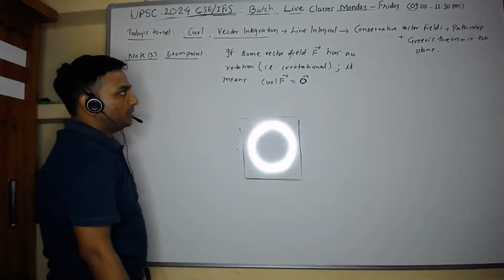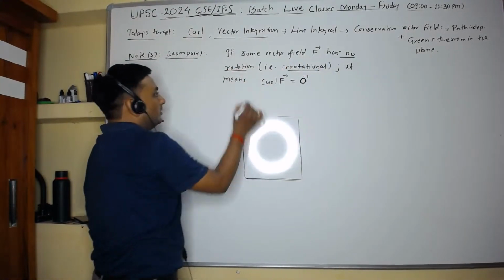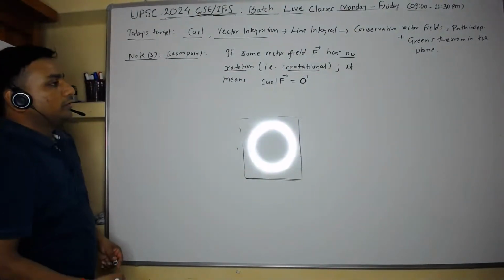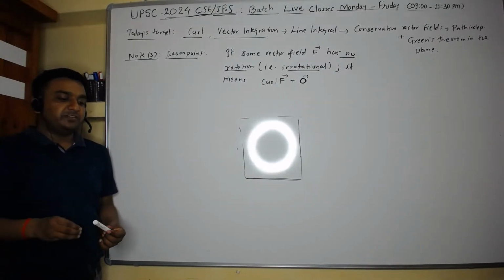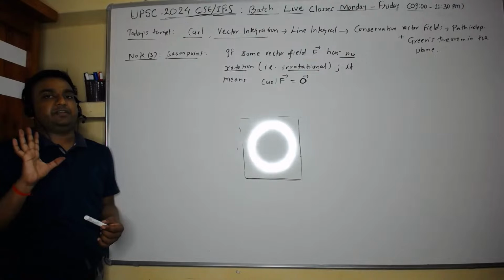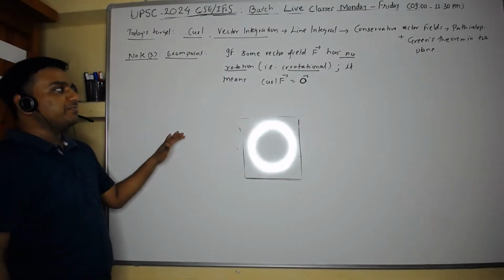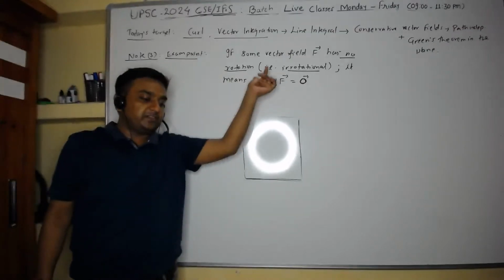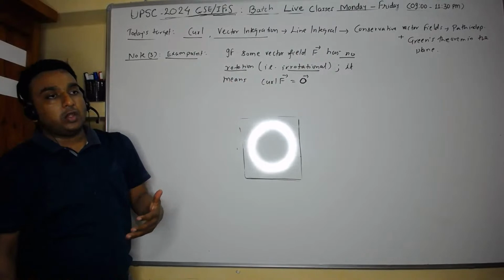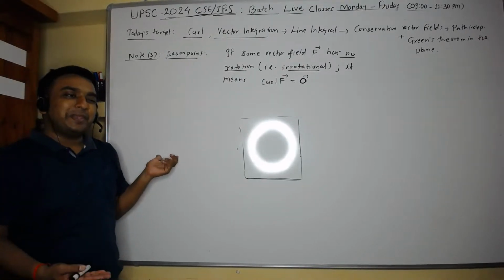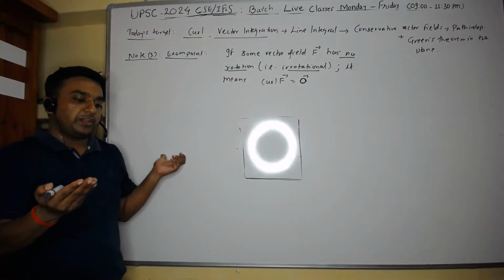Okay? So please underline the word irrotational or no rotation. So what I told you, curl has a property attached with this, the rotation. So if there is no rotation, it simply means that vector field has the curl 0, or vice versa. Means if curl of some vector is 0, it simply indicates that vector field has no rotation.